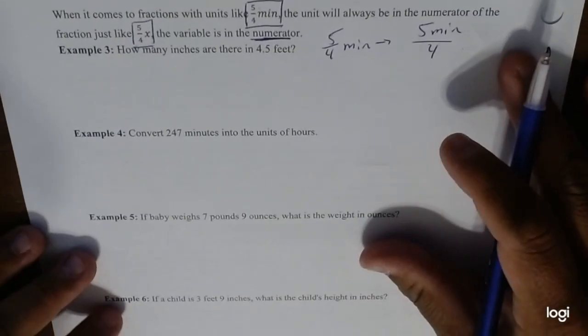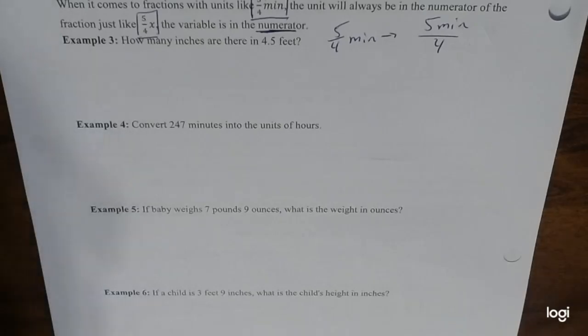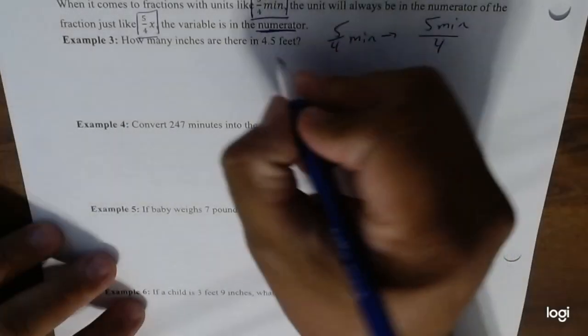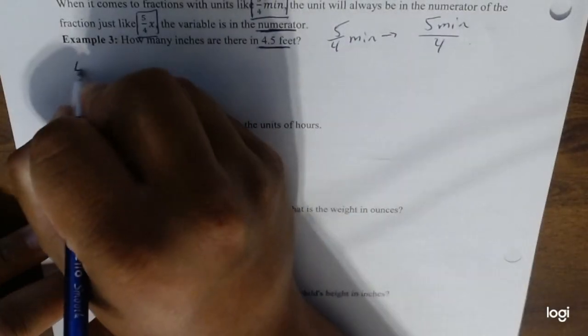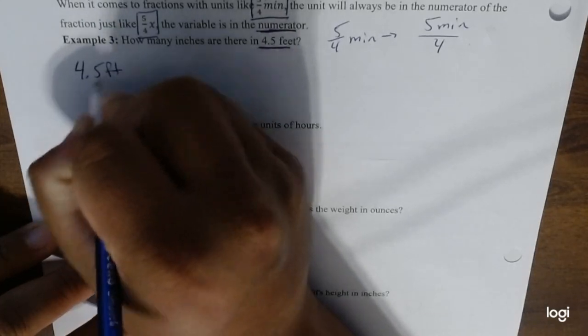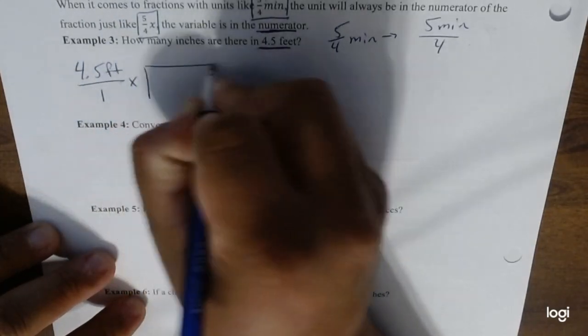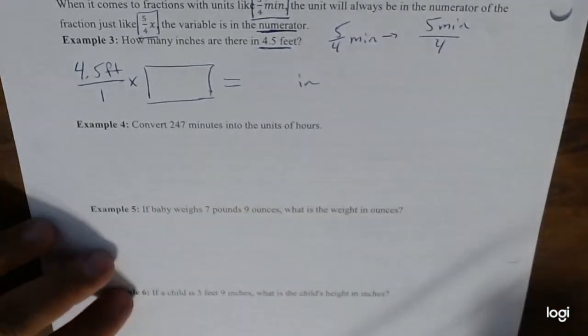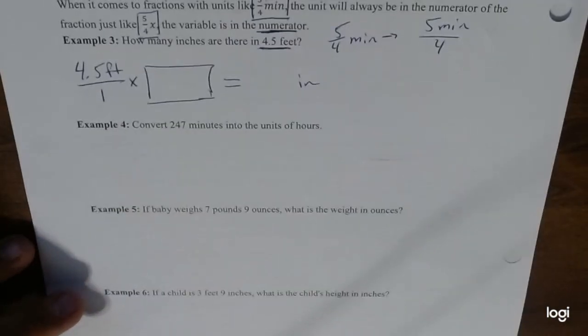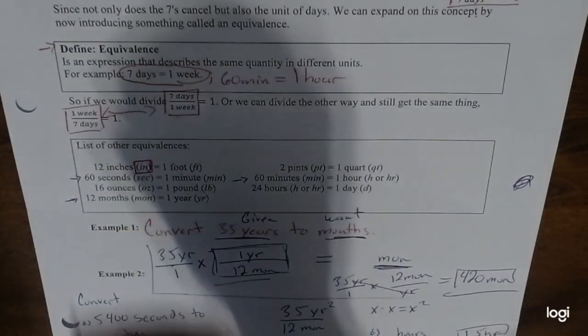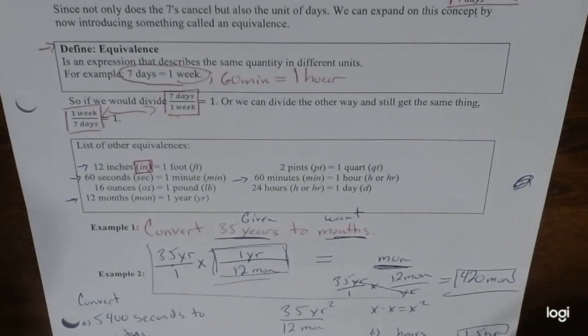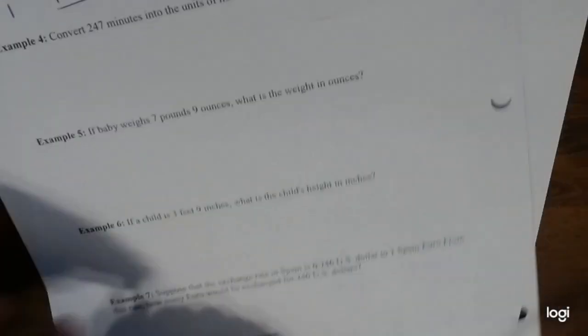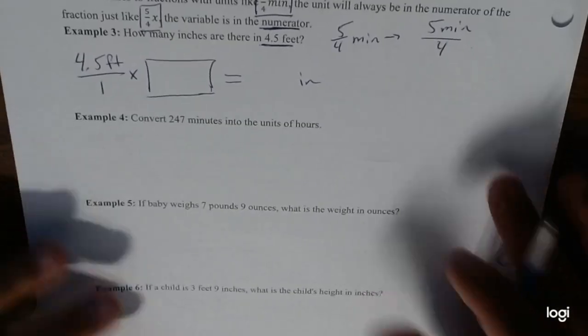So first example is, how many inches are there in 4.5 feet? Well, this is what we're given. All right, so again, equivalency times what gives me inches is what I want. Well, let's see. There are 12 inches for every 1 foot, so we're going to be using that one. So again, the question now becomes, what goes on top and what's on the bottom?